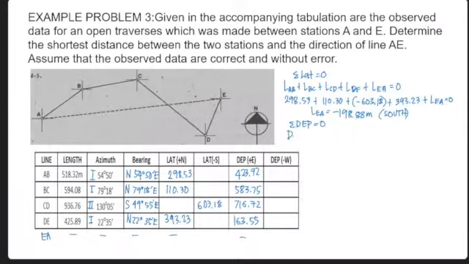So departure AB plus departure BC plus departure CD plus departure DE and departure EA is equal to 0 as well.